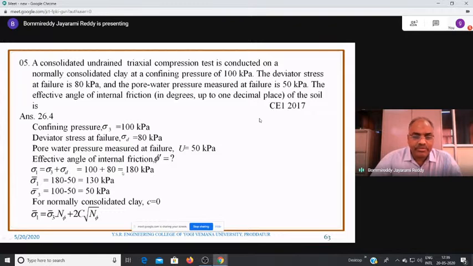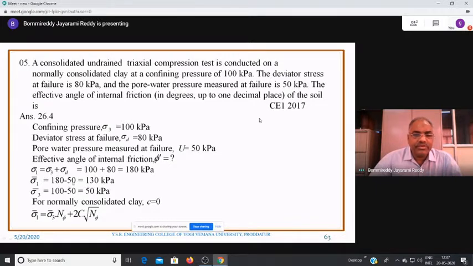And already I told you in the previous problem, effective stress sigma 1 bar equals 180 minus 50. This is called effective. And sigma 3 effective means sigma 3 is 100 minus this 50, you will get 50. So by using 130 and 50, you will get the effective phi value.